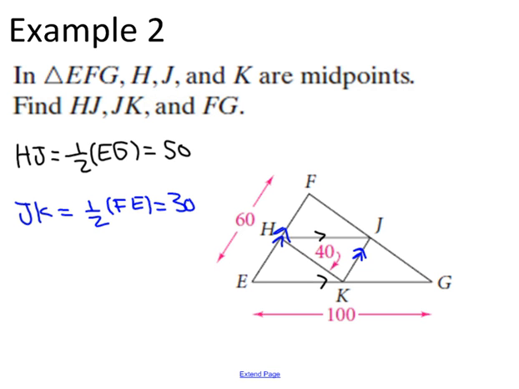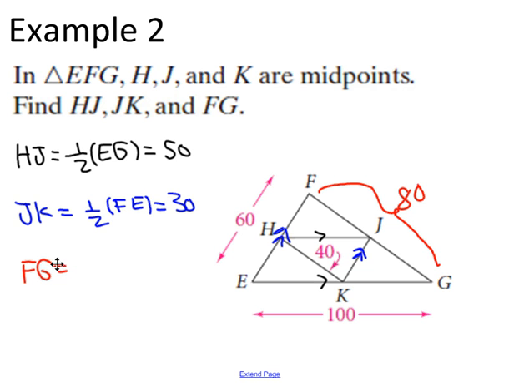And then finally, we are being asked to find FG, the big segment. So now it says HK is 40. So this time we're going to do the opposite. They gave us the mid-segment. It's 40. We're being asked to find the corresponding big segment of that. So that's going to be 80.